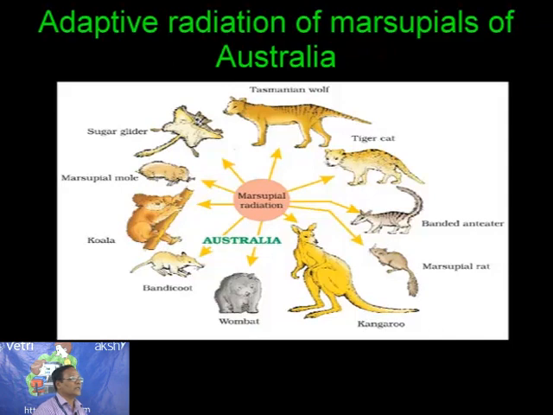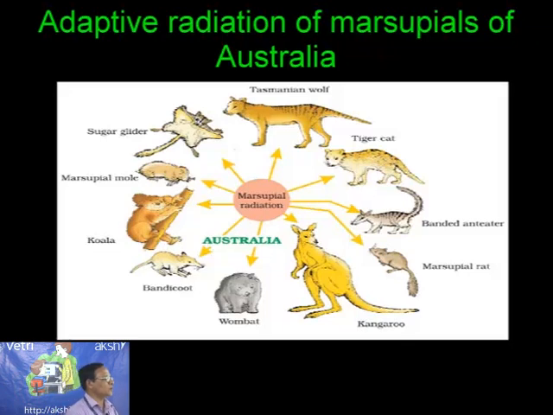Now here is what I mentioned, adaptive radiation. It is the process which gives rise to different species adapted to various habitats and ways of life. That is why they have diversified from a central stock. Here, given the Australian marsupials, there is a central stock, and from that central stock we have the radiation. Many species have diversified for their mode of life and for different habitats.